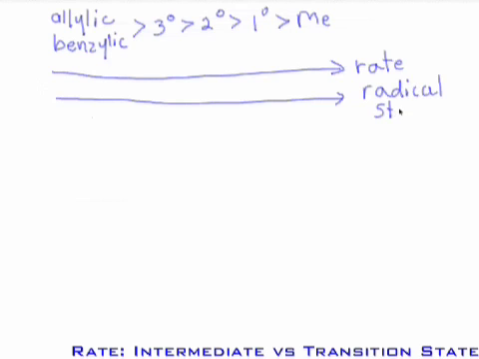Let's look at the first step of the propagation and this time draw a transition state for it. Okay, so I'm going to draw a transition state. So we've got Br dot. We're going to react it with HC. And let's make our C chiral. So I'm going to put an ethyl here.